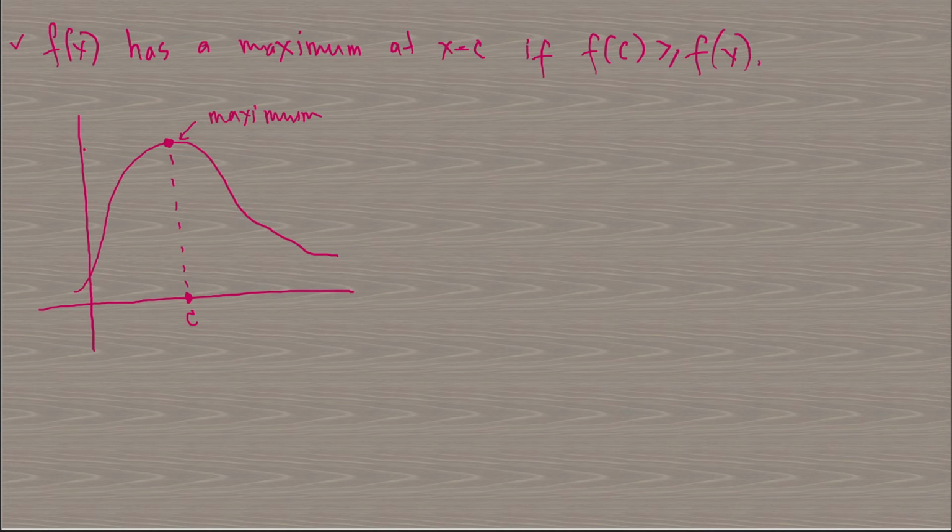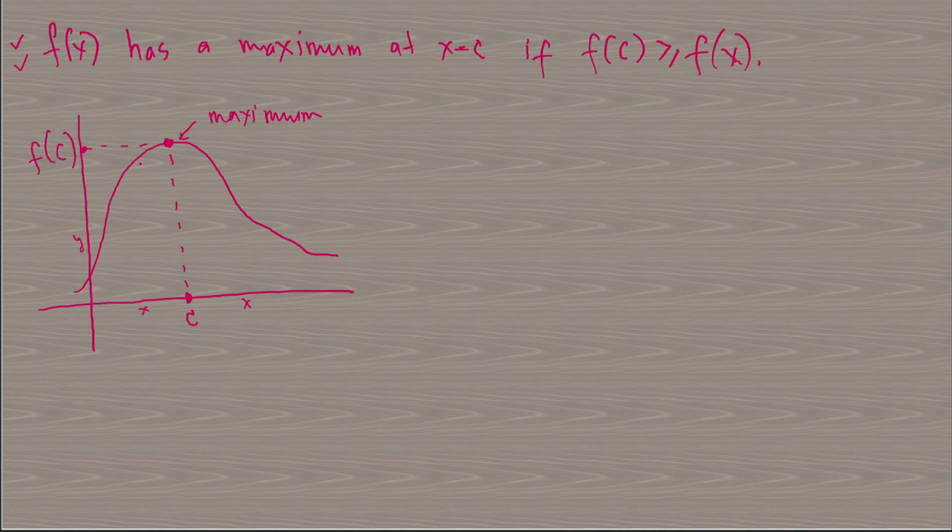If this is c, of course its corresponding ordinate coming from the y-axis is f of c. All of the other values before point c are called x, and other values after c are also called x, and all other values here are called y from the y-axis. That's why in the definition it says f of x has a maximum at x equals c if f of c is greater than or equal to f of x.